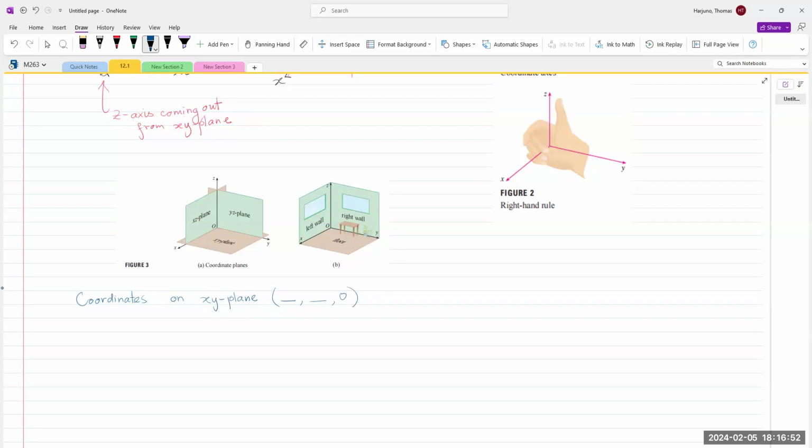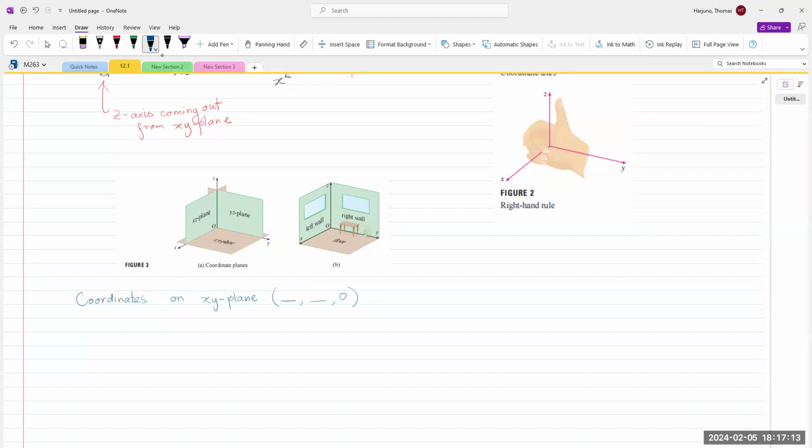Take a look. Suppose I have this coordinate here on the XY plane. You see the X has some value, the Y has some value, but the Z has value 0. Okay?